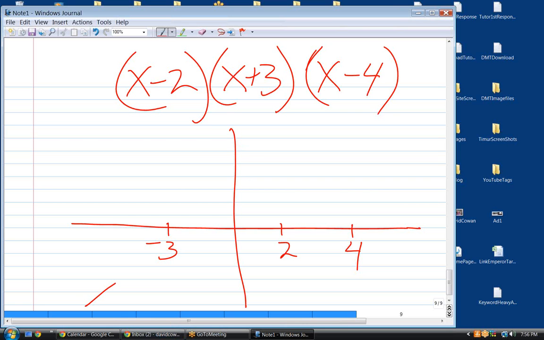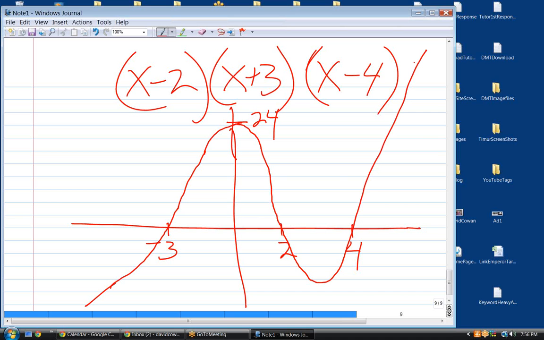24. Yeah. So up here at 24, now I know that I'm going to go through that 0 and I'm going to go through it, because the multiplicity of that is 1. Okay, I'm going to go up through my y-intercept, going to come back down through that 0, so some other loop, and come back up through this 0 and go on my way.